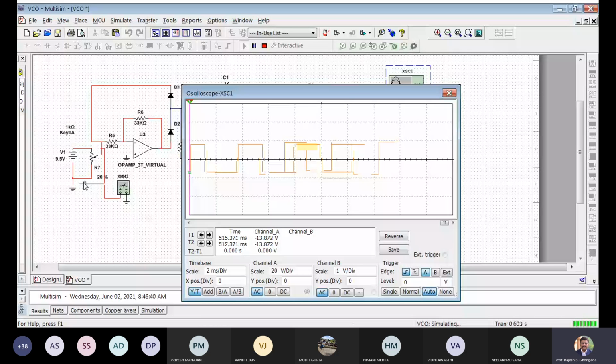Is the frequency counter visible? Your voice has become distorted, sir, not audible. You are audible, but the screen has frozen once again.